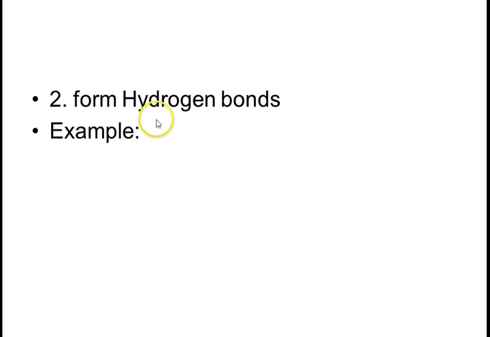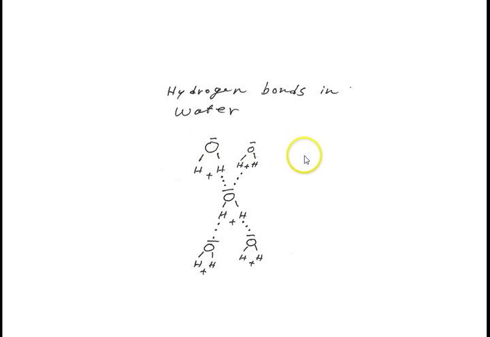This polarity of water also causes water to form hydrogen bonds, in addition to being a fantastic solvent. And the hydrogen bond is a weak attraction between the positive hydrogen and, in this case in the water, a negative oxygen. Remember, you can also have a hydrogen bond that is a weak attraction between the positive hydrogen and a negative nitrogen.